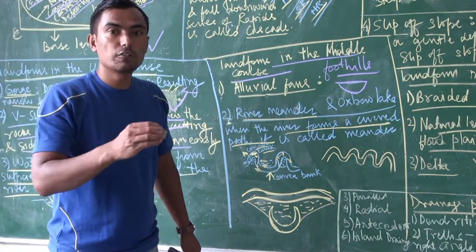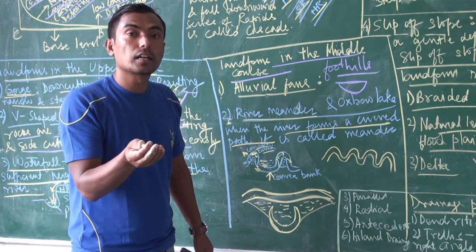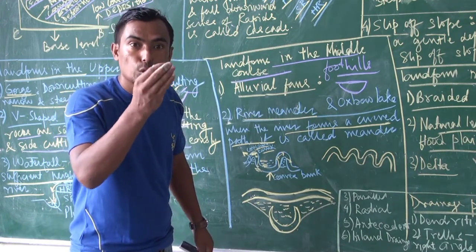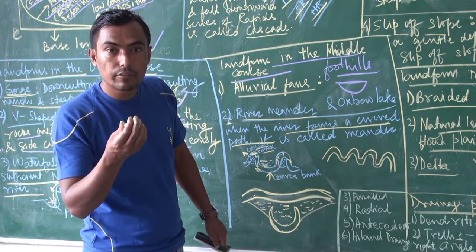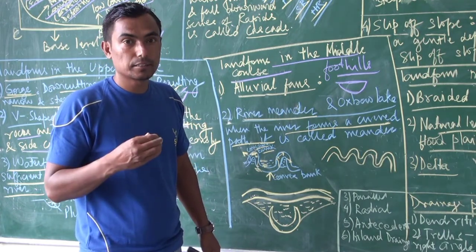Now, when the curved path of the river comes into existence, the concave side gets eroded, whereas the convex side gets deposited with sediments. Clear?